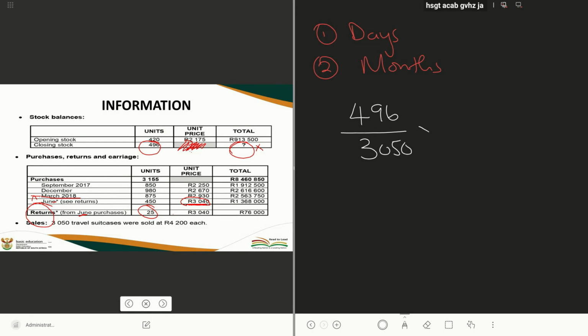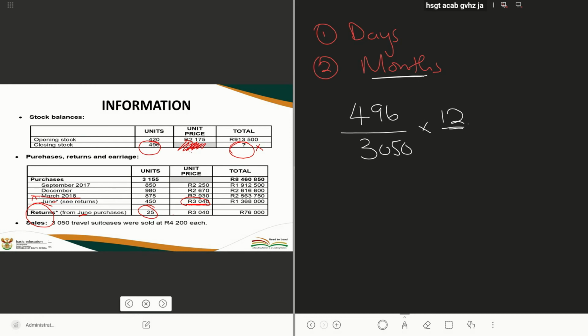3,050 multiplied by the number of days, which is, in this case, remember, we are not using days now. We are using months. So how many months are in a year? It is 12 months. Remember, we did the days one earlier on. Now we're doing the ones in months.